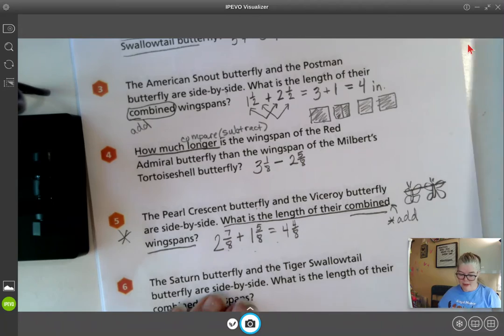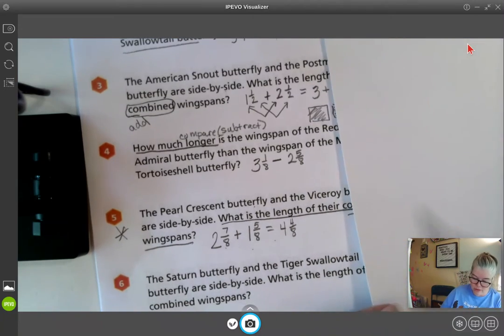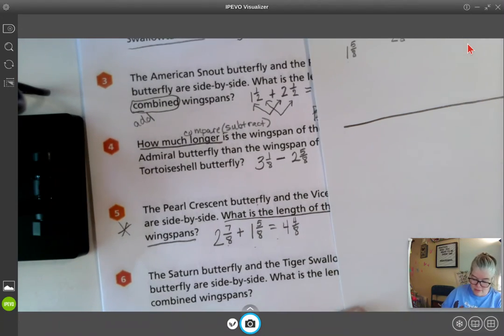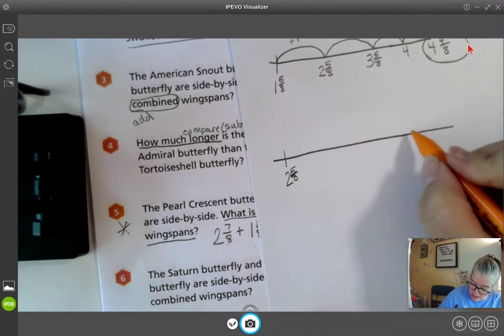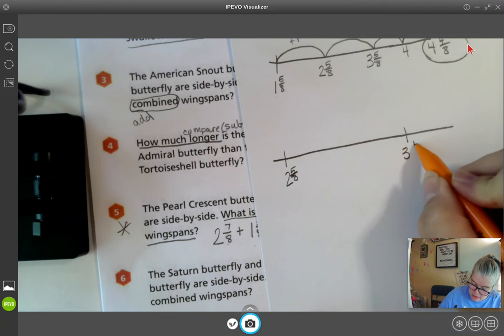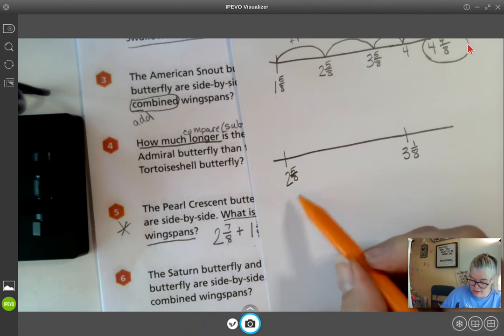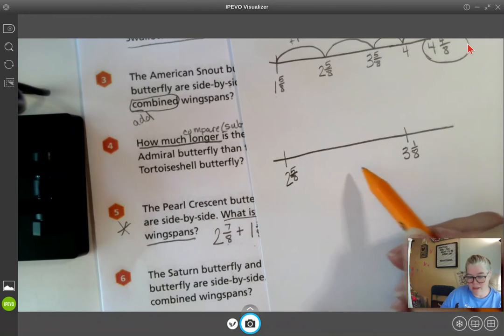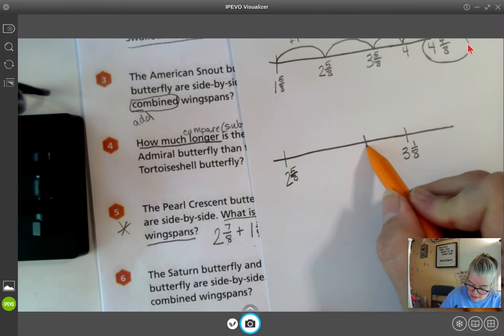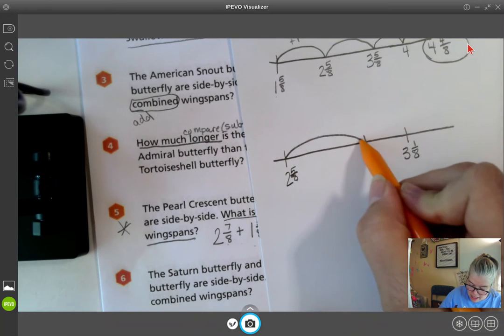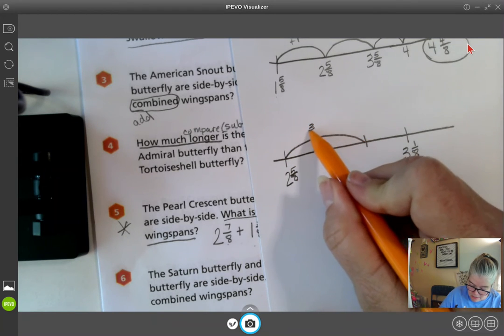So let's try my open number line and do some counting up. So here we go. 2 5/8. And I need to get up to 3 1/8. So I know that I can jump up to the next whole number. So 2 5/8 up to 3. Adding 3/8 would get me to my next whole.